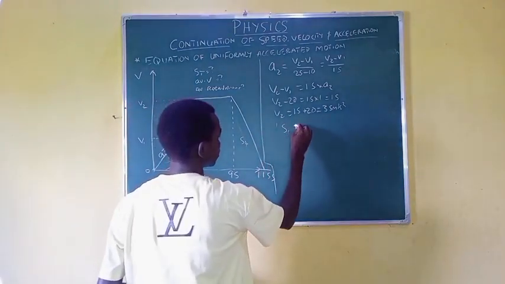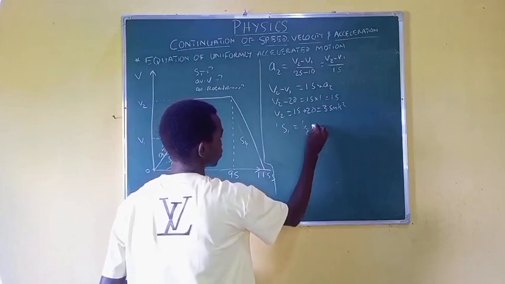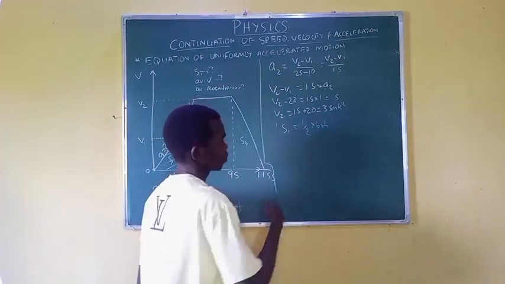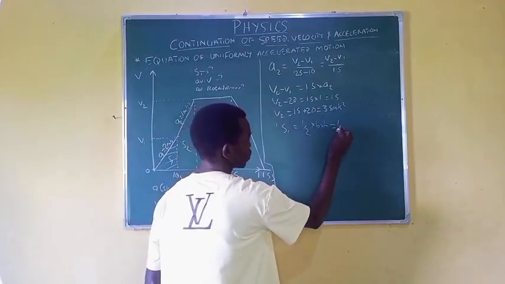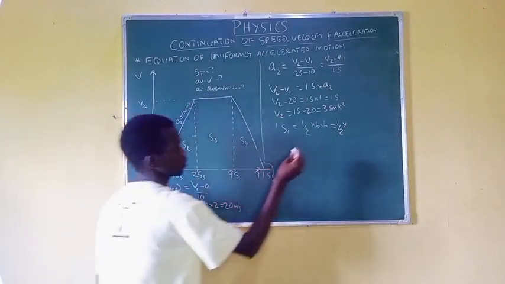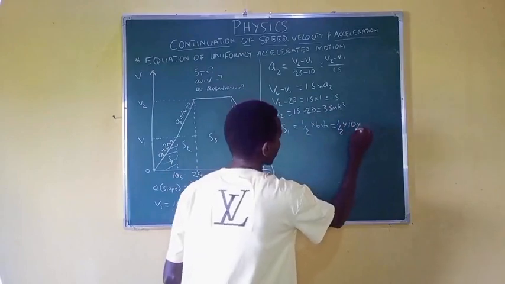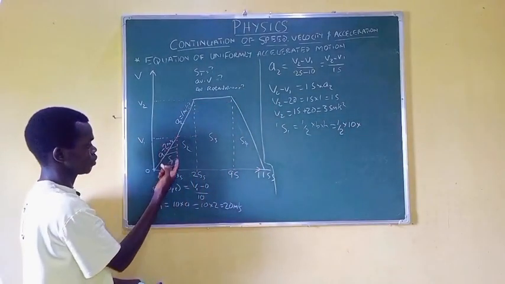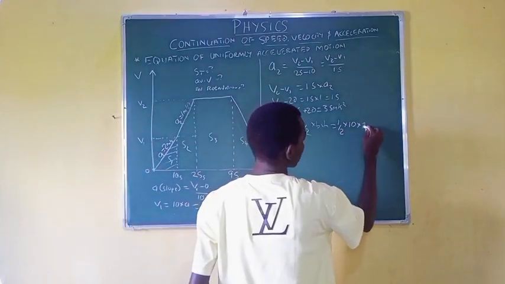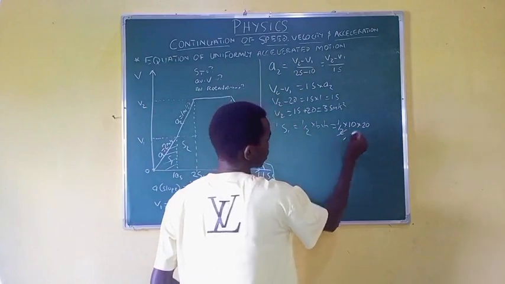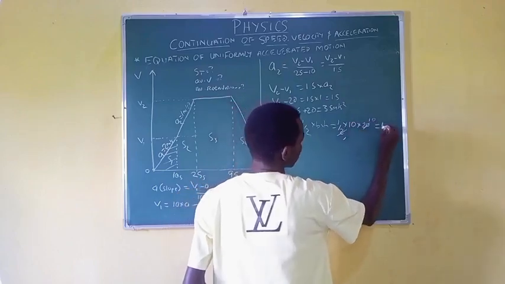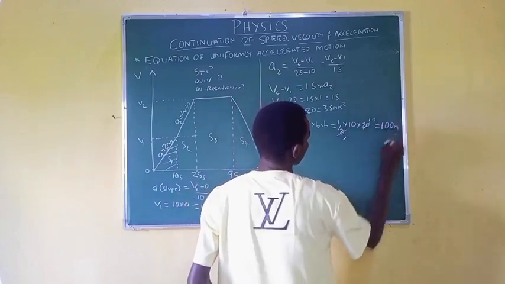S1 will be equal to 1 over 2 times breadth times height, which is 1 over 2 times 10 for the breadth, times v1 minus 0 for the height, which is 20. Now the 2 goes into 20 here, we have 10. Therefore, 10 times 10 is equal to 100 meters.